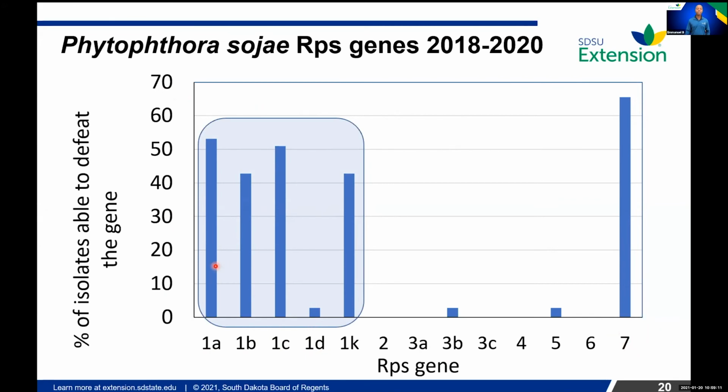So if you're selecting a variety to control Phytophthora, you want to make sure you're using something that has these RPS genes, so 2 up to 6, or at least a combination of different resistance genes. We have seen a number of varieties now on the market that have 1K and 3A. So a variety with stacked genes would have a better chance of defeating the isolates of this pathogen, Phytophthora root rot.